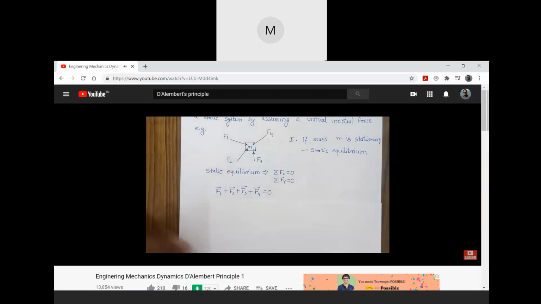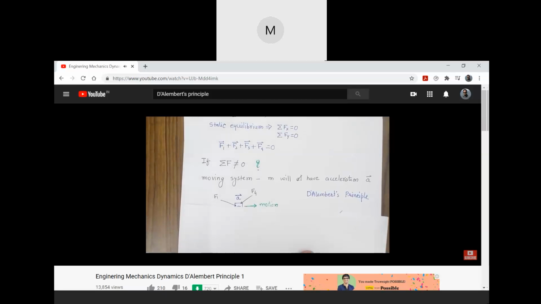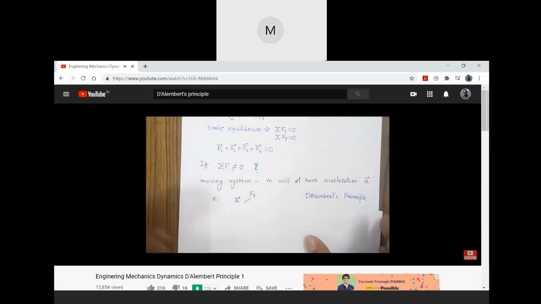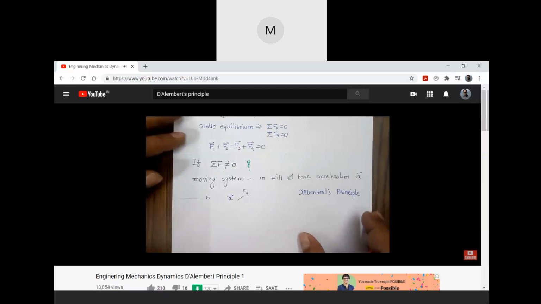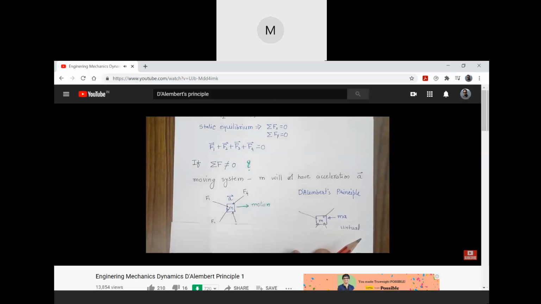Now let's consider the second case where we assume that because of all the four forces the system is moving, or we can say that the summation of all the forces is not zero. If the forces do not balance each other, there will be a resultant force on the system which will try to move the system with a certain acceleration.